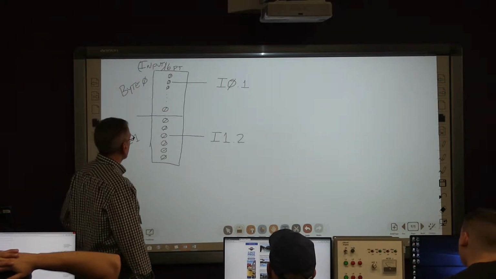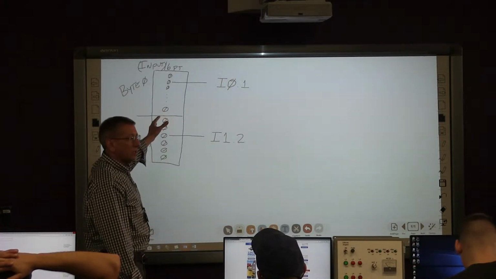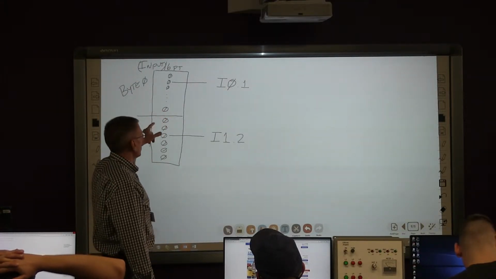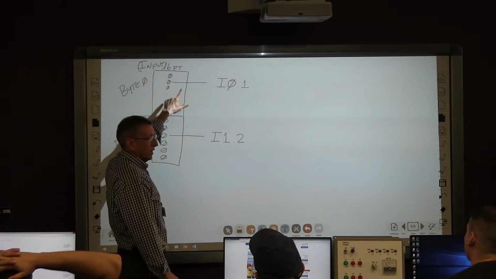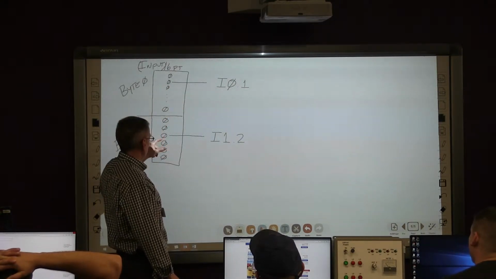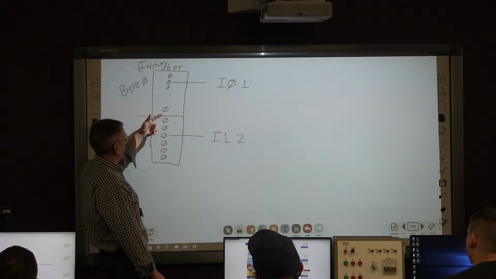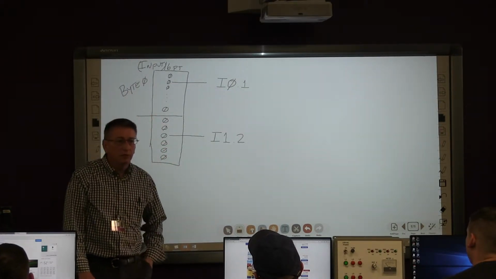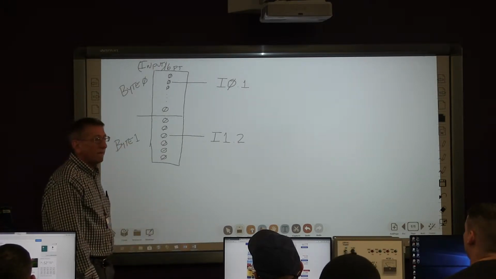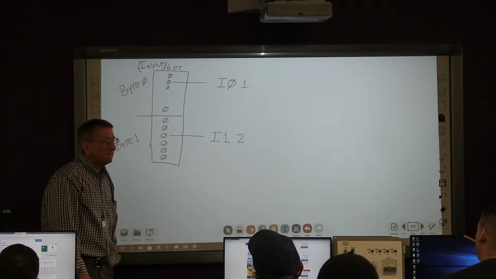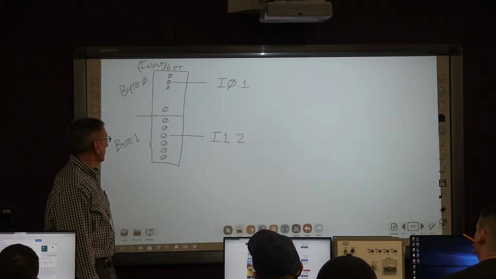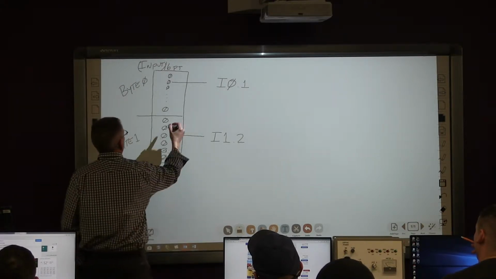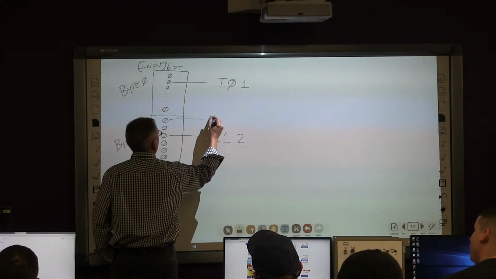Instead of saying this is slot 0 in the umbrella world, this would be 0/1. This would be 0/ whatever, 8, 9, 10, 11 in the umbrella world. So the first one on bit 1 would be bit 1 by 0, 2, 3, 4, 5, 6.